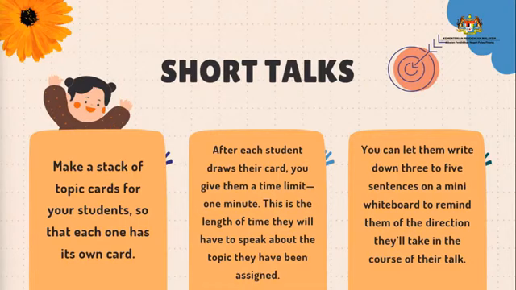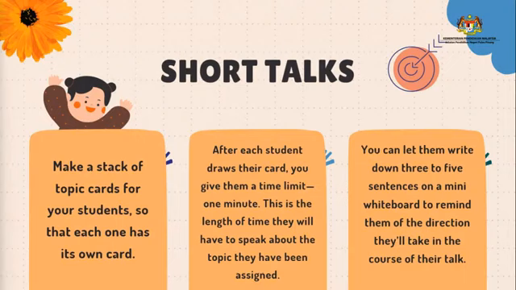Okay, so let's say they don't know about the topic. So maybe they can exchange with their friends, that may have more information about the topic. So this is one of the activities that you can do with your students. And then you can also let them write down 3 to 5 sentences.